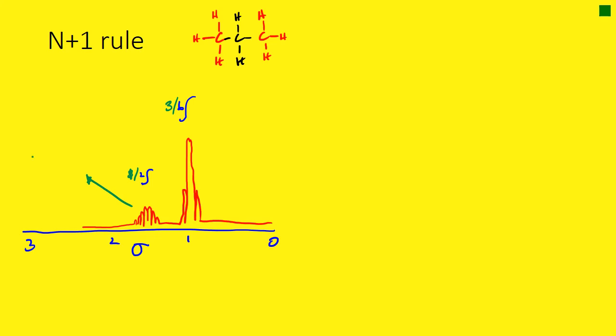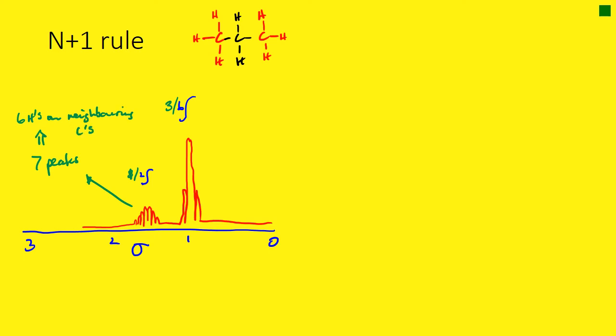Let's just say that it's got 7 peaks. That 7 peaks means that there are 6 hydrogens on neighbouring carbons.